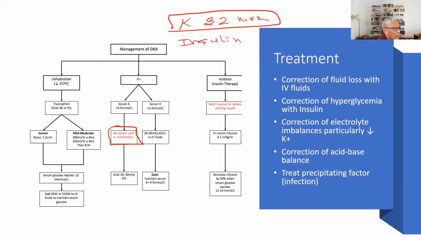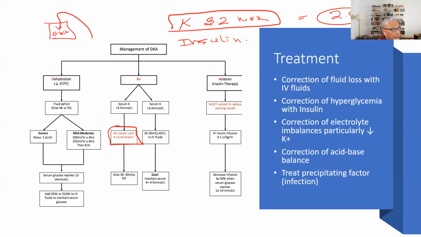Will it become lower or higher if we give insulin? Lower. It will become lower because you remember, if you give insulin, the glucose is going to go into the cell and it pulls potassium along with it. So this 3.2 will become 2.8.